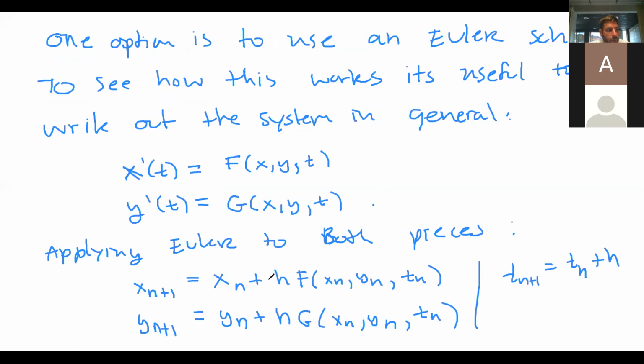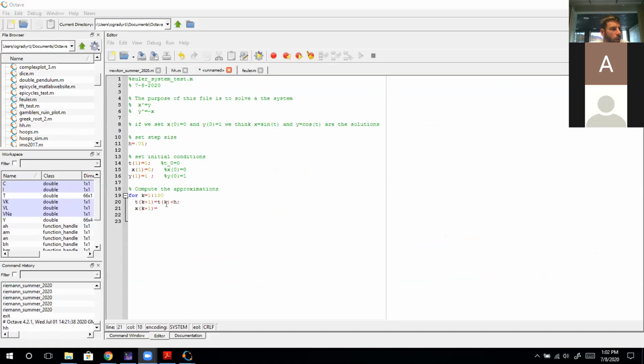It's the previous one plus h times whatever my function is here. So it's the previous x, which is x of k, plus, now what is my function? My function is just y. So all this is y of k. But of course I have to multiply it by h, so it's h times that.